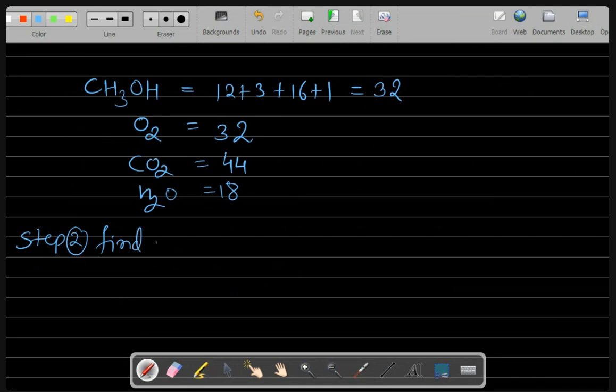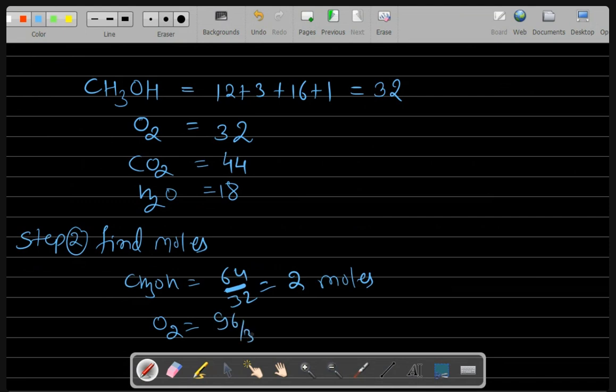Find moles. How much methanol is given? 64. So 64 by 32 is 2 moles. The other one is 96 by 32, which is 3 moles. And I forgot the last two, sorry.